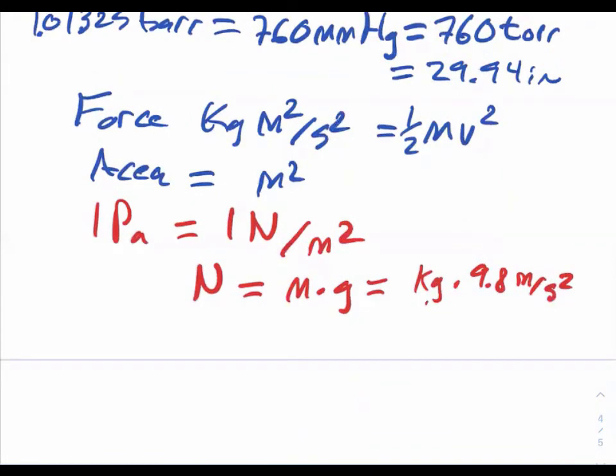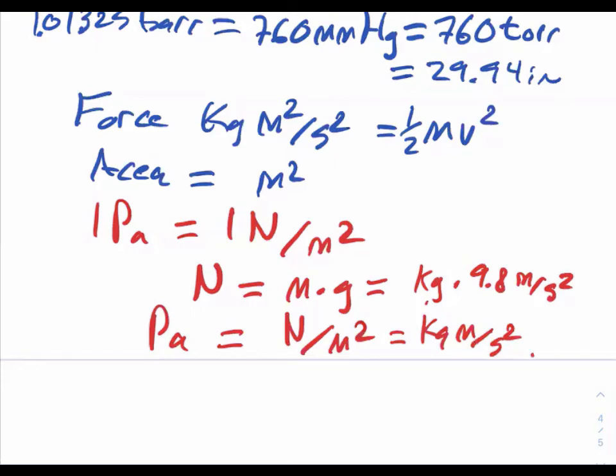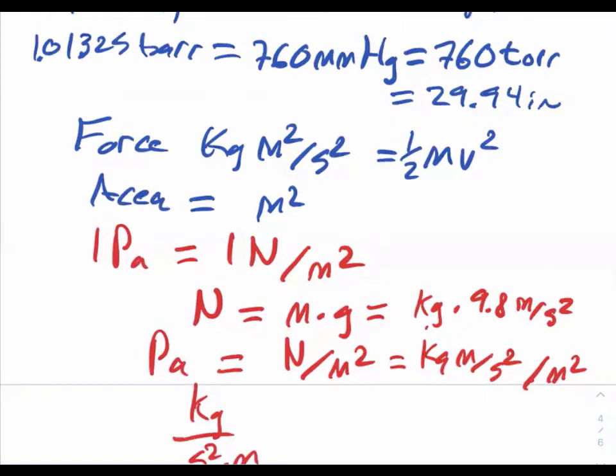Mass times acceleration is newtons, and then I divide that. So then Pascal would be equal to Newton per meter squared. I'm spending too much time on units, but at any rate, that would be kilograms meters per second squared per meter squared, which would actually give you kilograms per second squared times meters technically. Those are units of pressure.